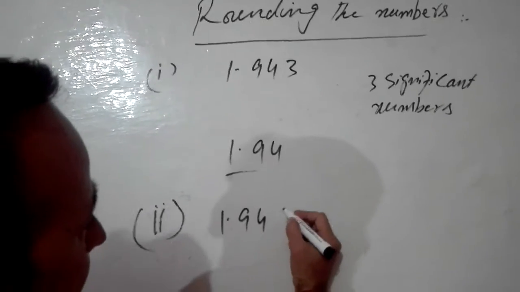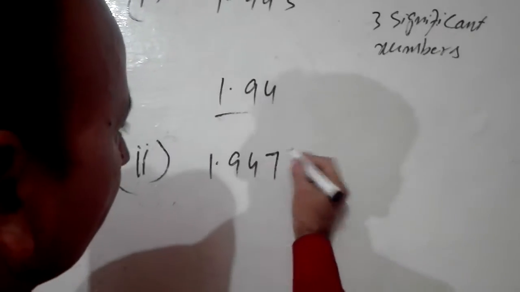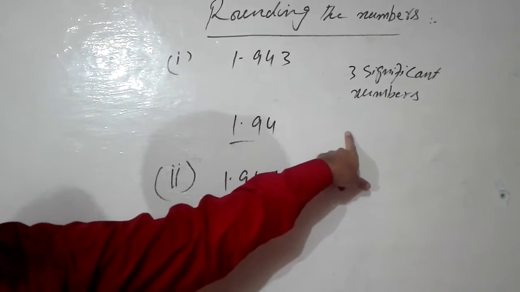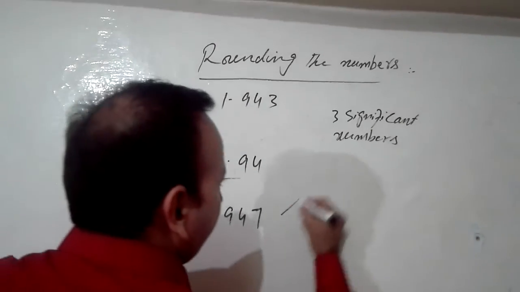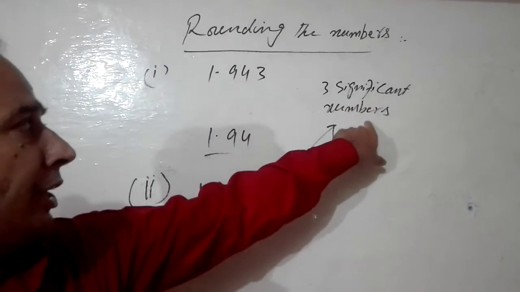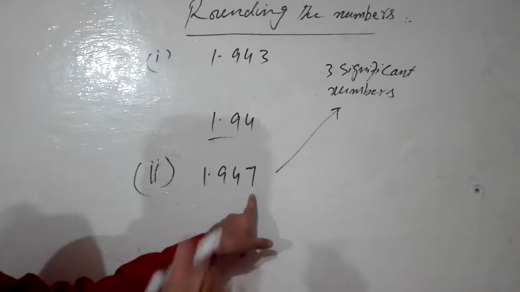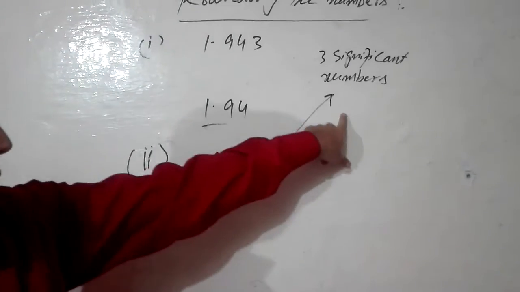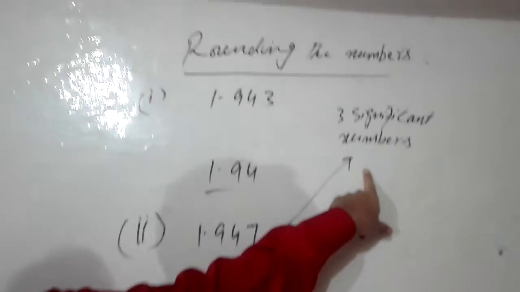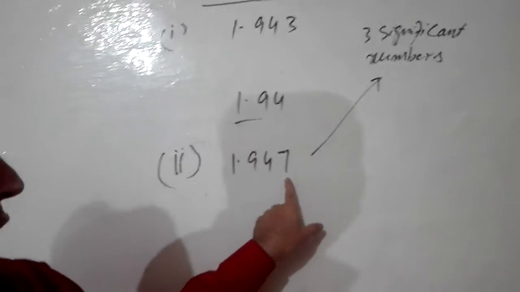Take this example, 1.947, and you are again asked to round this number into three significant figures. Look again at what I told you in the beginning. If you have to round into three significant figures, look at the fourth place digit.